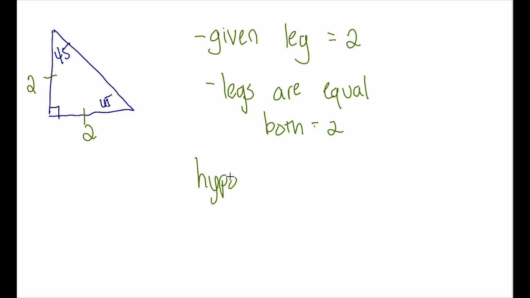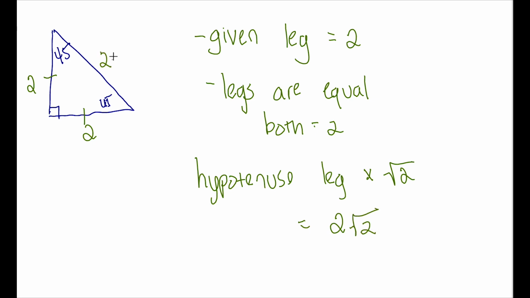For the hypotenuse, we take the leg and multiply it by the square root of 2. So since the leg is 2 long, the hypotenuse equals 2 times the square root of 2.